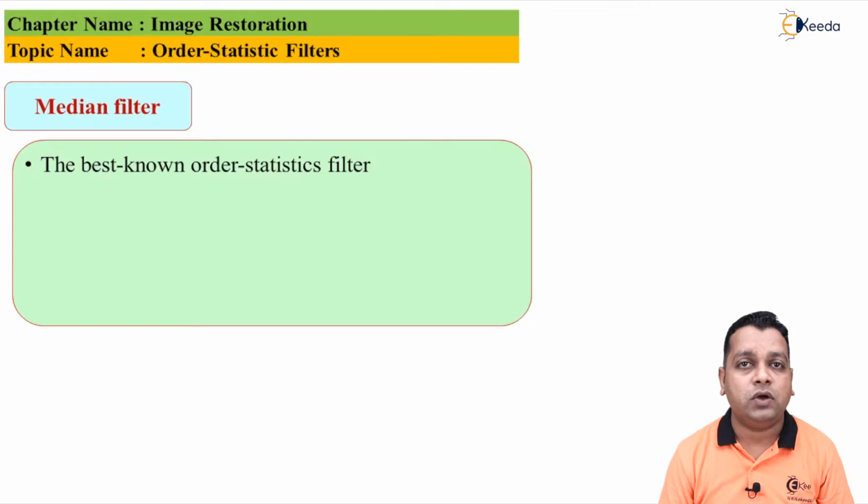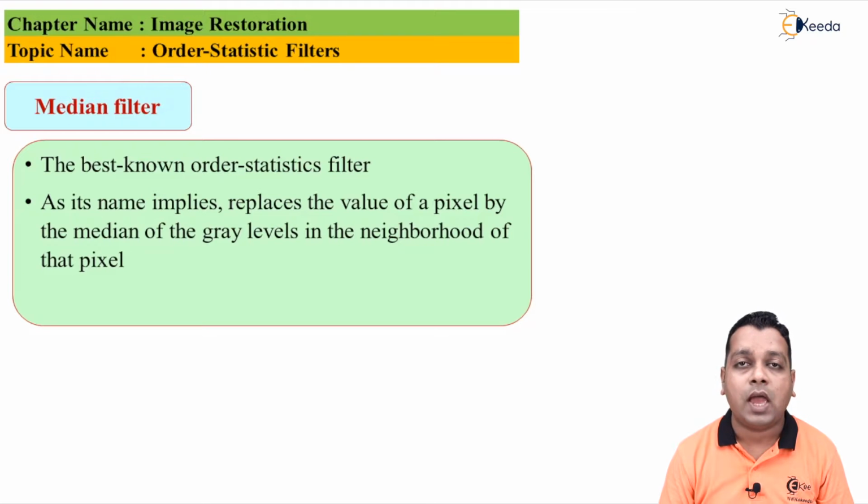Median filter is the very popular and best known among the family of order statistic filters. As the name implies, for this particular filter, it replaces the value of the pixel by the median of the gray levels of the neighborhood of the pixel. As we know, the filter function possesses a neighborhood with respect to the local region.